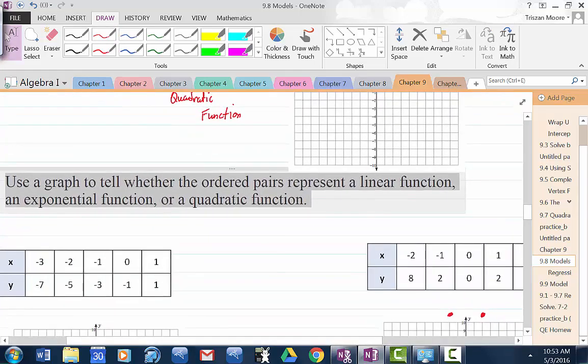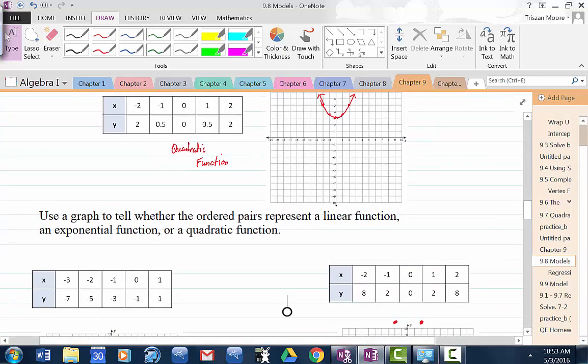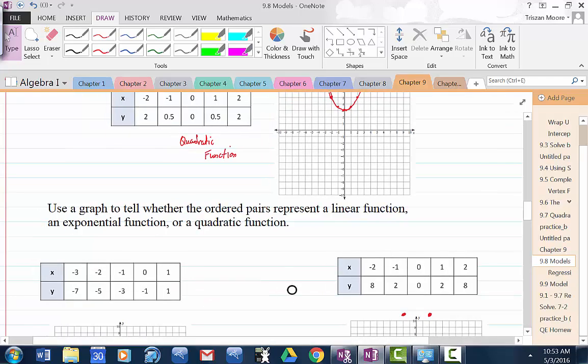Now, just for a little bit of exercise, you could get a little bit of work on your own, see if you can figure this out. It says tell whether the ordered pairs represent a linear, exponential, or quadratic function. Plot those and tell me whether each of these sets represents a linear function, exponential function, or quadratic function.